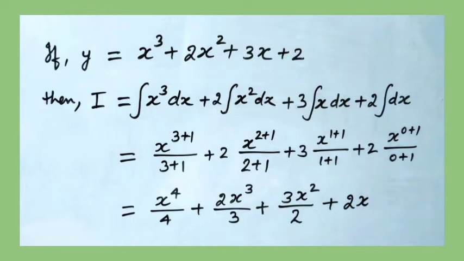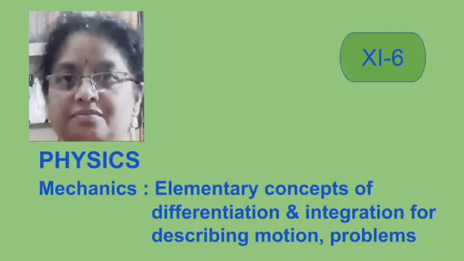So integral is equal to x to the power 3 plus 1 by 3 plus 1 plus 2 into x to the power 2 plus 1 by 2 plus 1 plus 3 into x to the power 1 plus 1 by 1 plus 1 plus 2 into x to the power 0 plus 1 by 0 plus 1. Finally, we get x to the power 4 by 4 plus 2x cube by 3 plus 3x square by 2 plus 2x. In motion, we integrate to find the magnitude of displacement and velocity when acceleration is known.